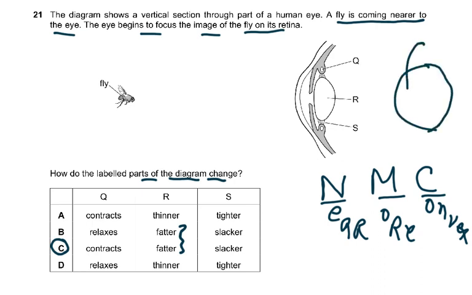But if it is pulled, then it becomes thin. So that is when the ciliary muscle relaxes and the suspensory ligaments are taut, T-A-U-T, taut. Slack and taut, these are the two words that we use for suspensory ligaments. It's very typical English.